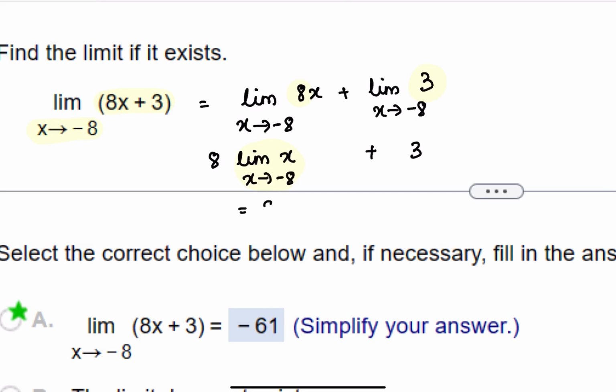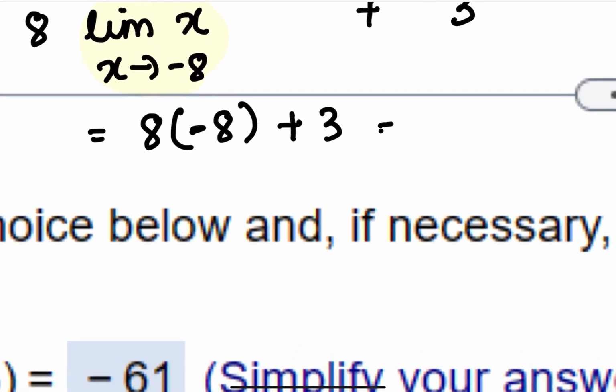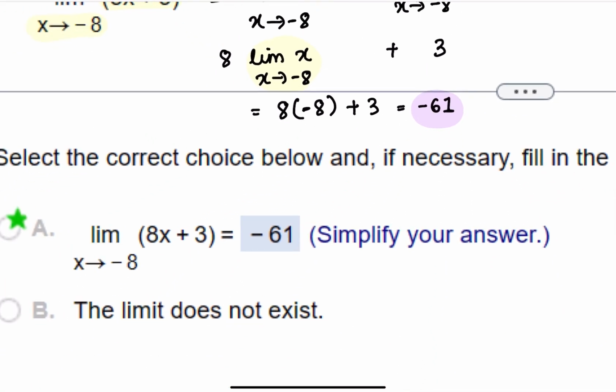So when I rewrite it, it's going to be 8 times negative 8 plus 3. And 8 times negative 8 is negative 64. Negative 64 plus 3 is negative 61. And that is your final answer. Let's check. There we have it, negative 61.